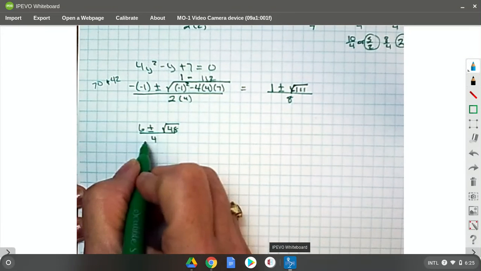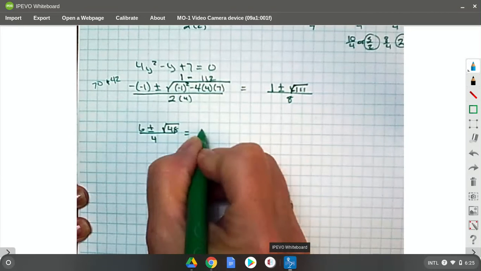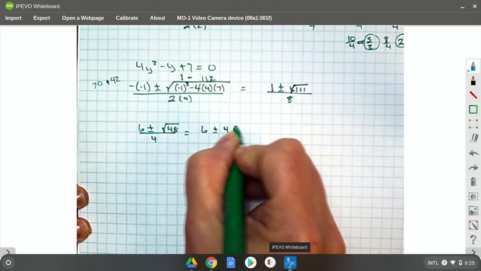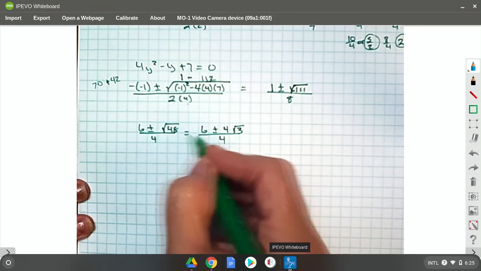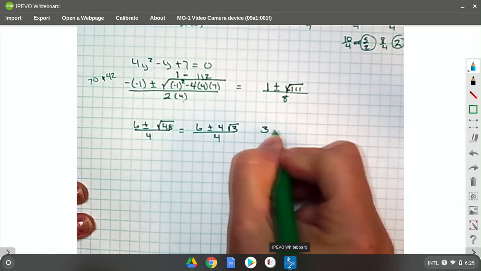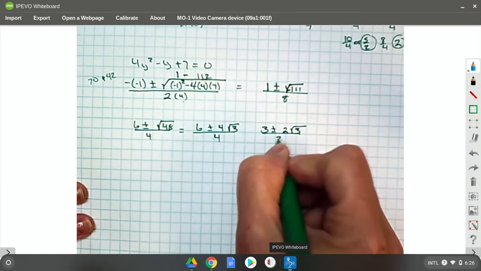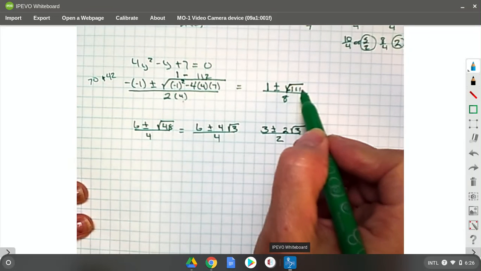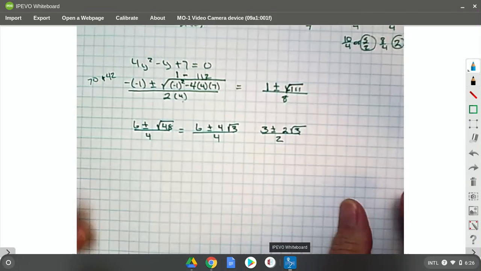Let's just say I had worked a problem and this is how it came out. That gives me 6 plus or minus 4 times the square root of 3 over 4. Well, 2 comes out of all of them, right? So I could take that and make it 3 plus or minus 2 square root of 3 over 2. That will simplify out of all of them. Make sure this doesn't reduce and that you can't get all 3 of them before you leave them.